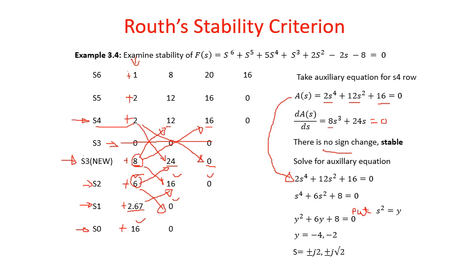So from this we can see these roots are going to lie on the j-axis, and they are non-repetitive. So no repeated roots are on the j-axis. Hence this is not just stable, this can be called a marginally stable type of system.